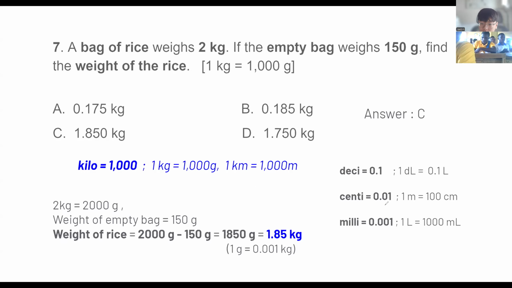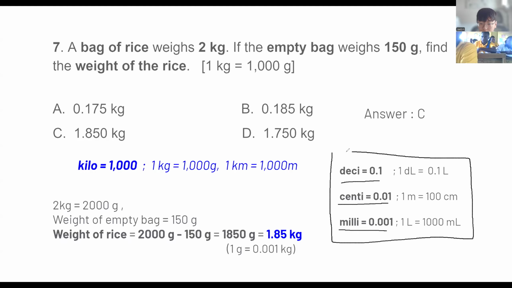And centi is 0.01. Milli is 0.001, or you divide by 1,000. So know these units just in case they come up in the question. You have to know how to convert them, right?